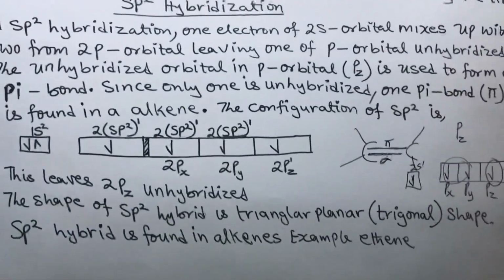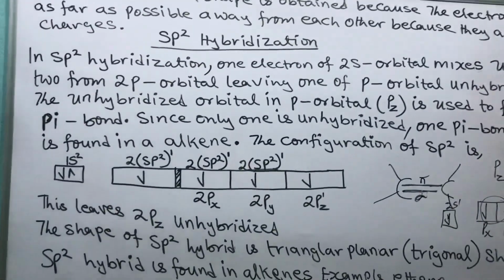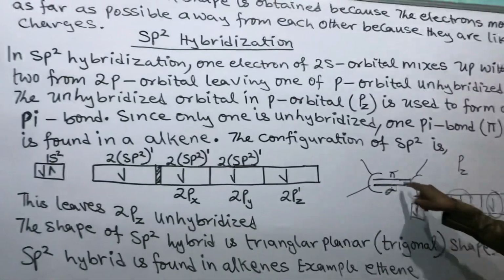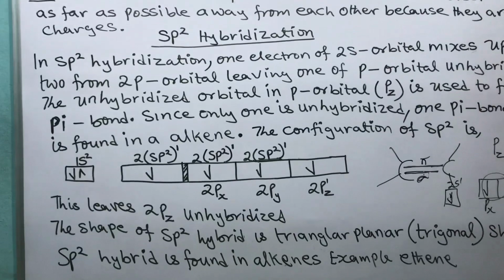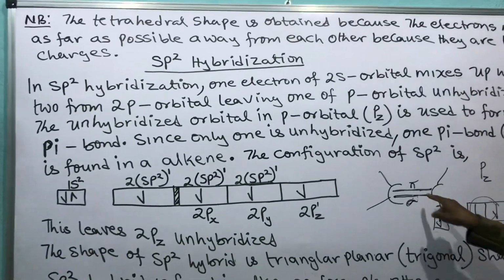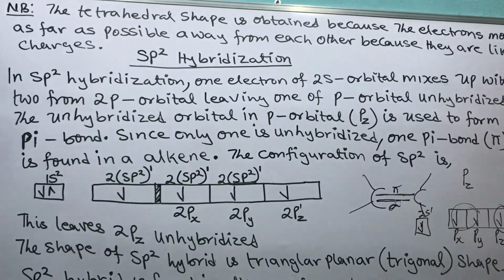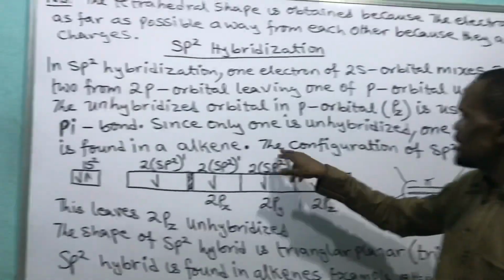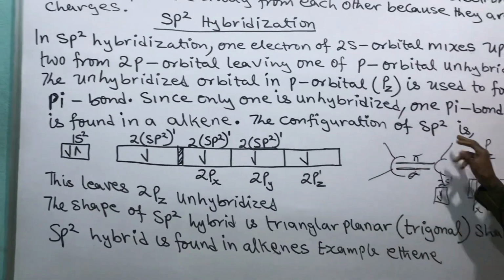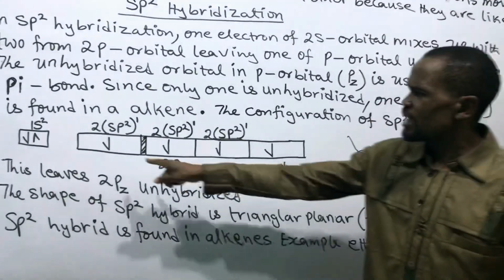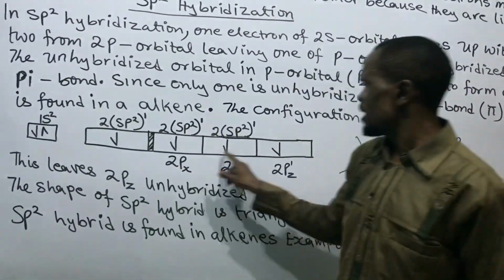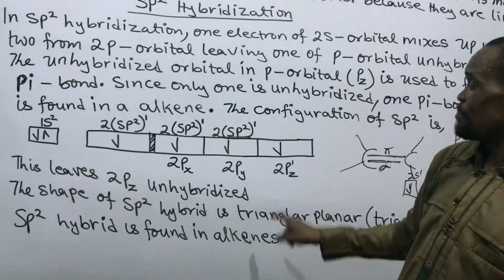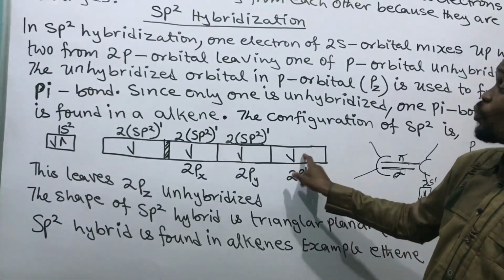Sigma bond is a single bond. The double bond forms as a result of the unhybridized 2pz being used to form the pi bond. When I say the configuration of sp2, look at it: this has been used, 1, 2, 3, leaving the 2pz unhybridized.